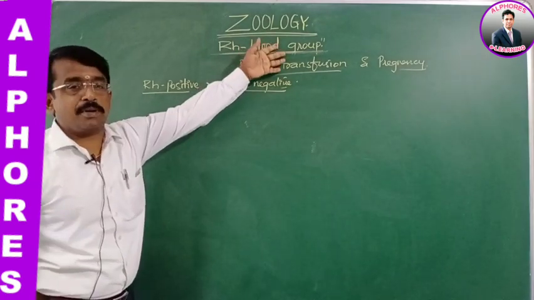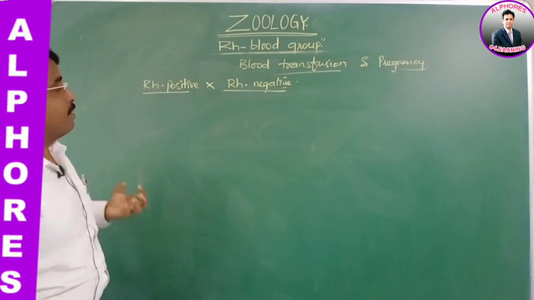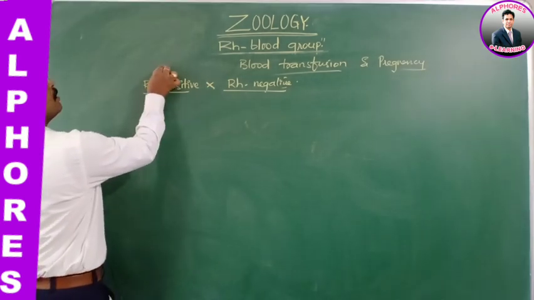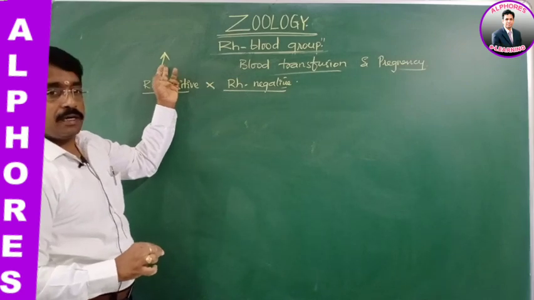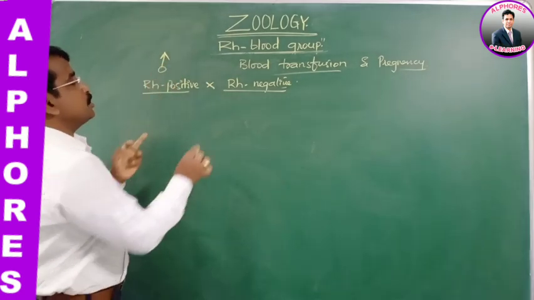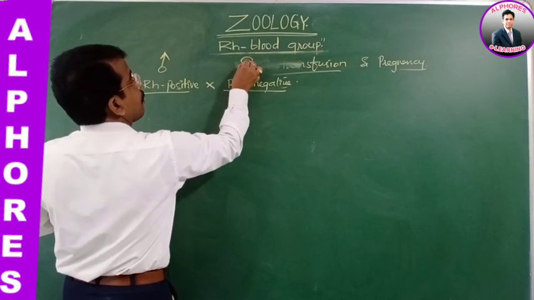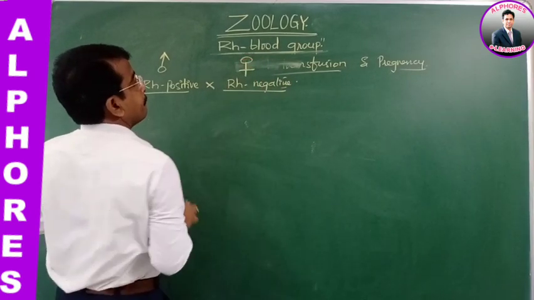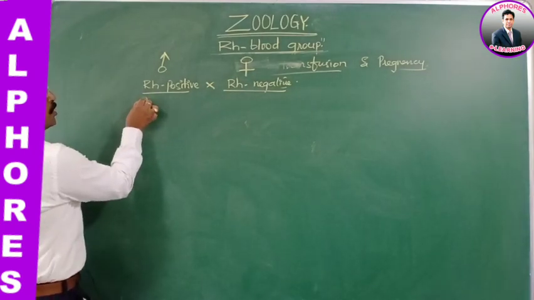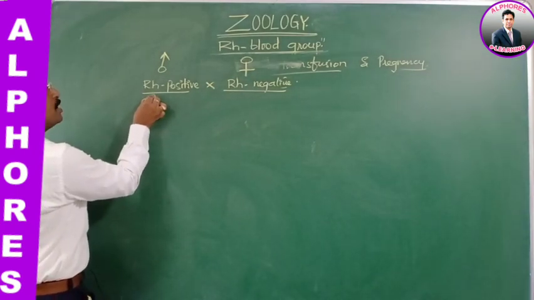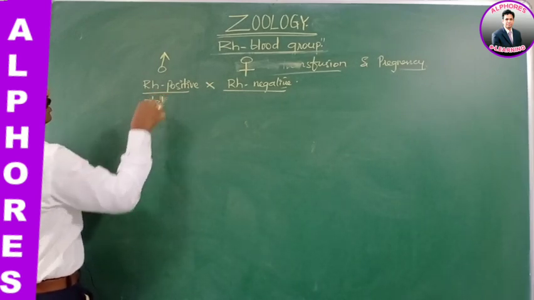First, genetic incompatibility in blood transfusion we have discussed. The second is pregnancy. The husband, the male, is Rh positive, and the woman is Rh negative. The Rh positive is denoted as capital R1 and R0, or else capital R1, capital R1.